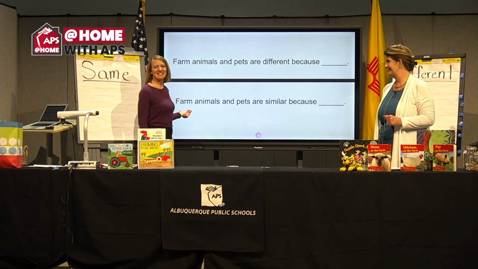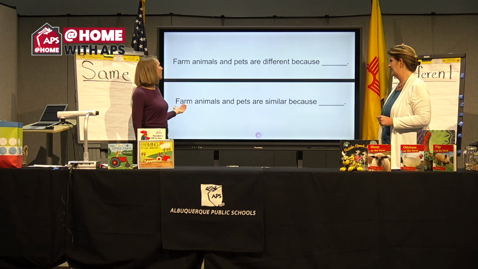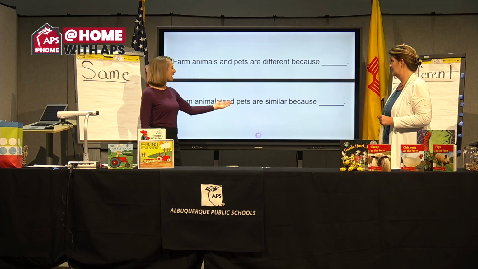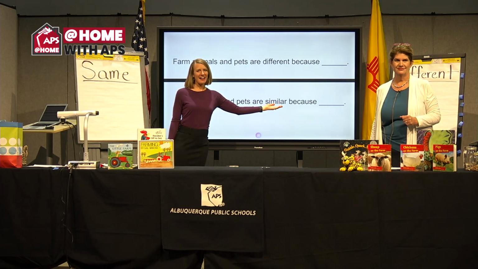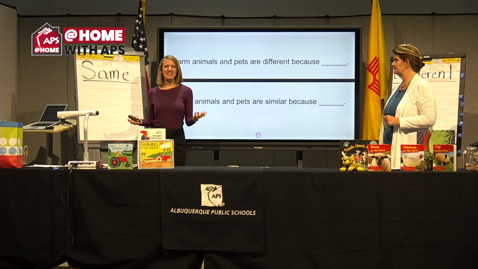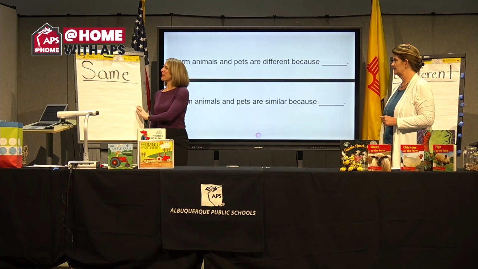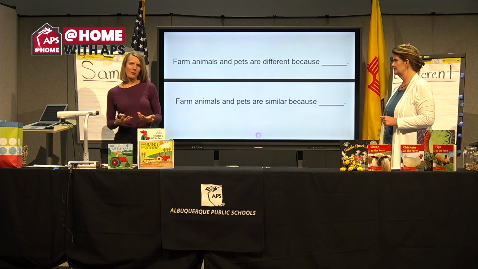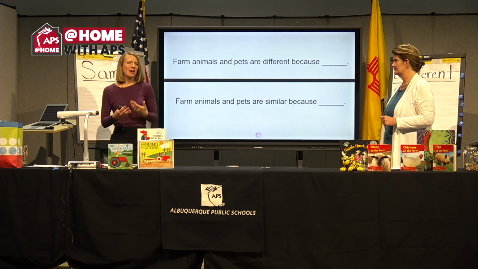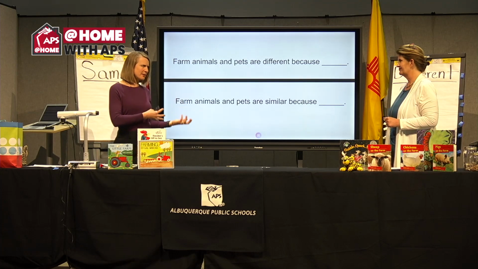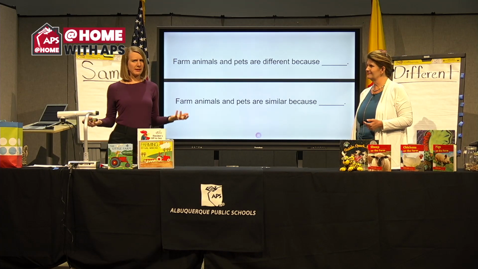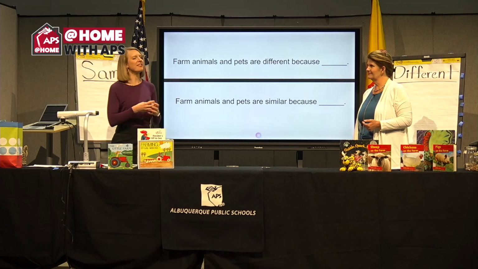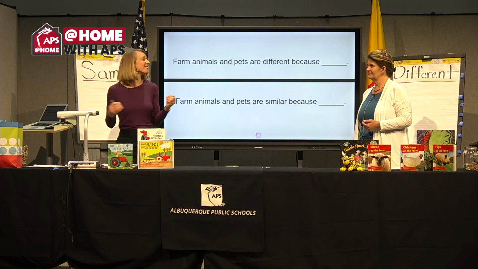On this sentence here, it says, farm animals and pets are similar because, and then this is where I will draw or write what is the same between farm animals and pets. This is important to talk about and converse with other people about similarities and differences between categories because it helps us add in detail to the sentences that we say.